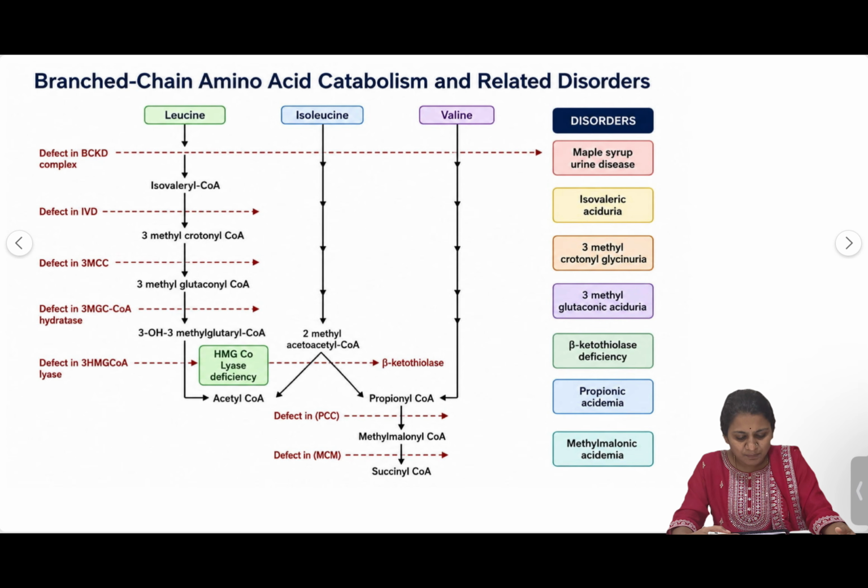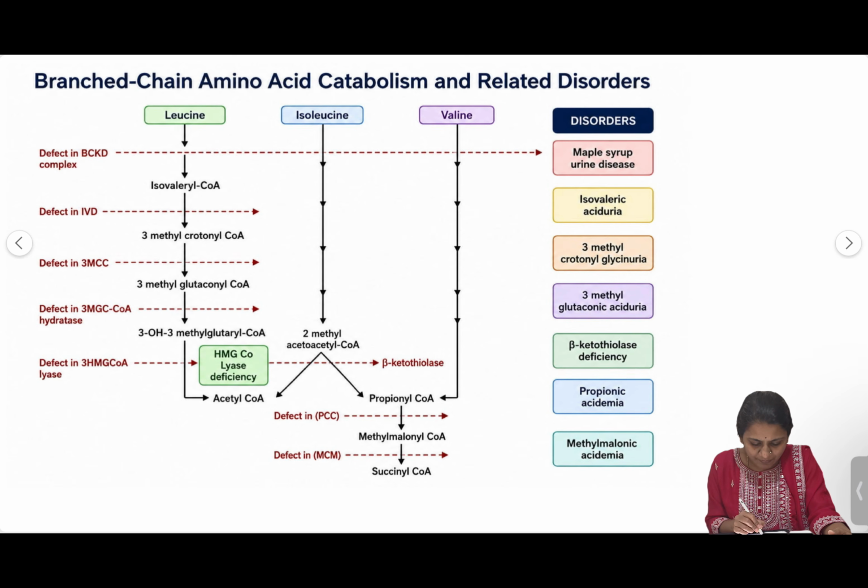For example, in the metabolism of leucine, isoleucine and valine, this is a simple crisp metabolism where leucine is degraded to produce what? The end product acetyl CoA. There are many enzymes, so there are many steps.